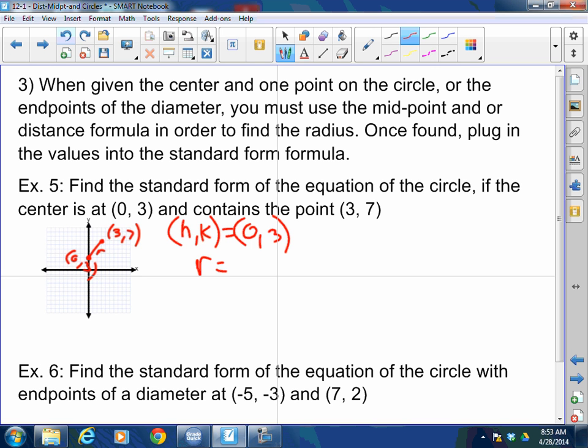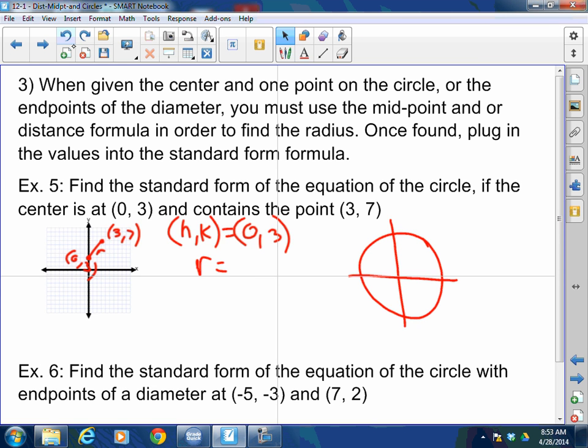Yes, sir. How do you know that 3, 7 and 0, 3 would be the radius? Because it says it contains the point 3, 7. If it contains the point 3, 7, that means that on this circle, 3, 7 is contained as a point on the circle. Great question.